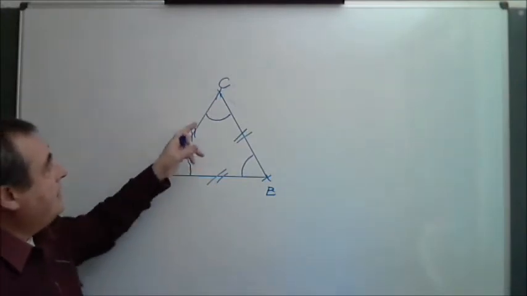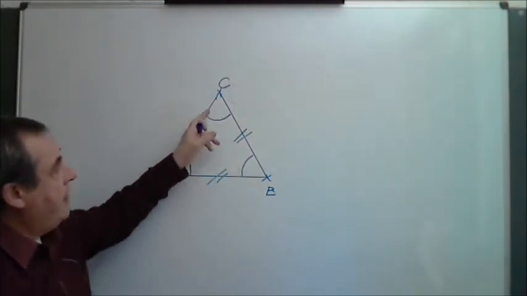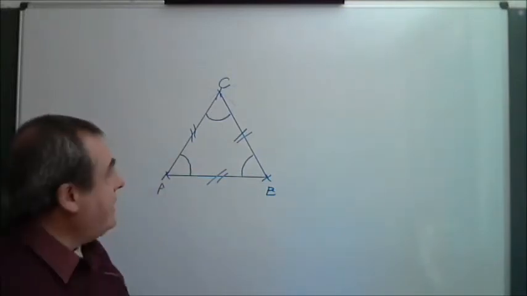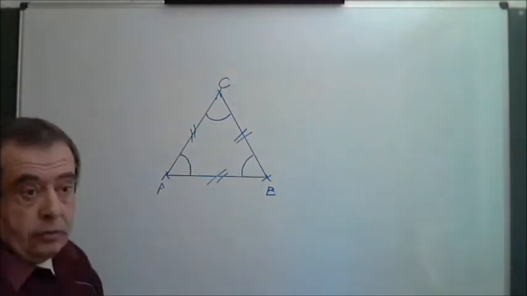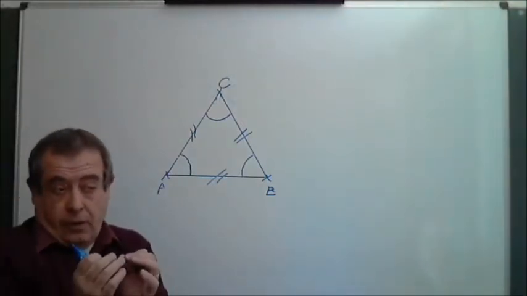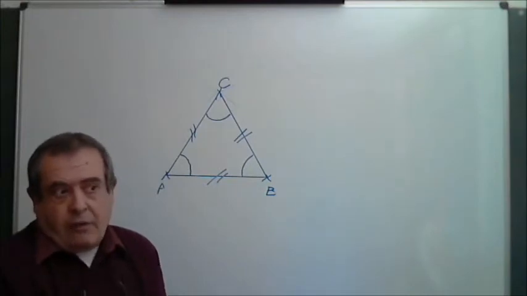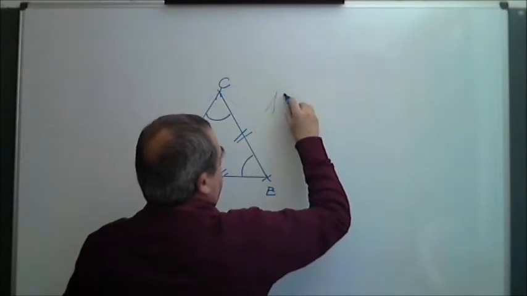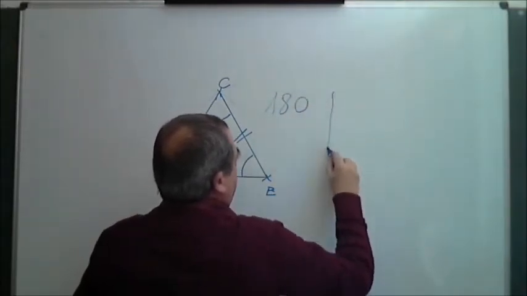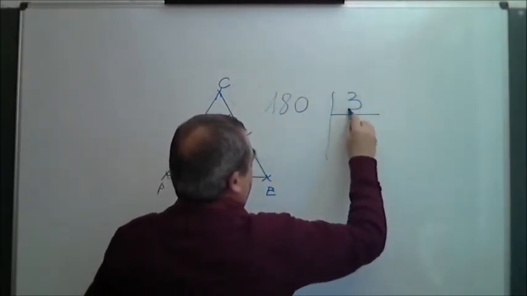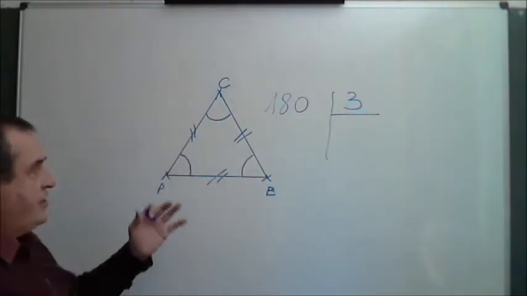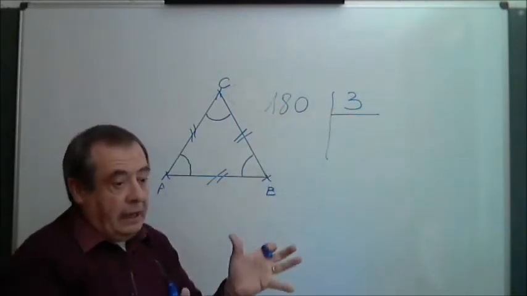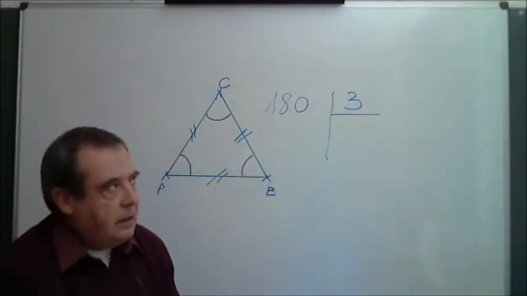One knows that the sum of the 3 angles of a triangle is always 180 degrees. And so, to find the value of one angle, we have to divide 180 per 3, sorry. 3 angles, we share 180 per 3 equal parts.